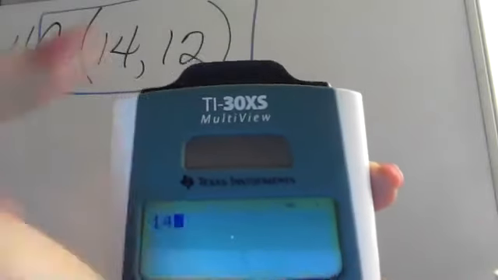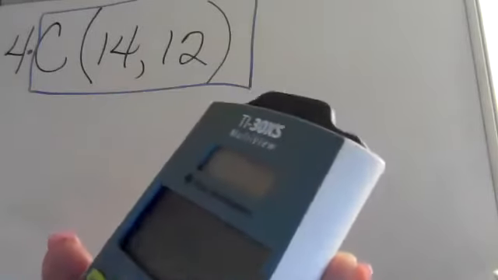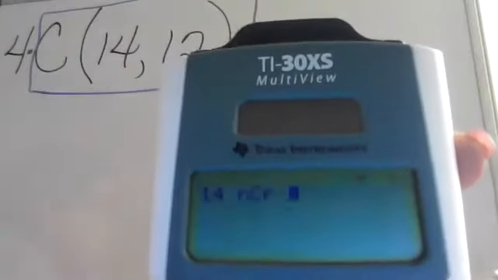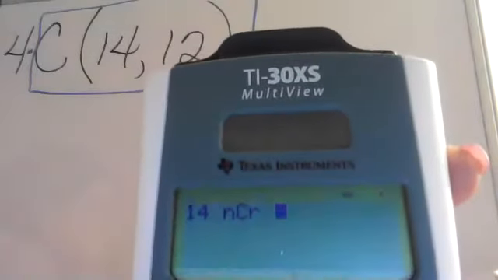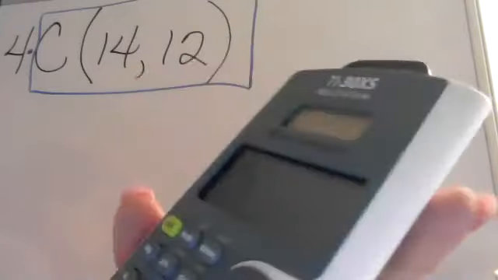We're working with 14, but I want a combination now. The combination is still in the probability. But see, the combination is the number 2 one. So I'm going to choose that. And this is what it looks like on the screen so far. And then I need to tell it how many things it's going to be on each sandwich. 12.